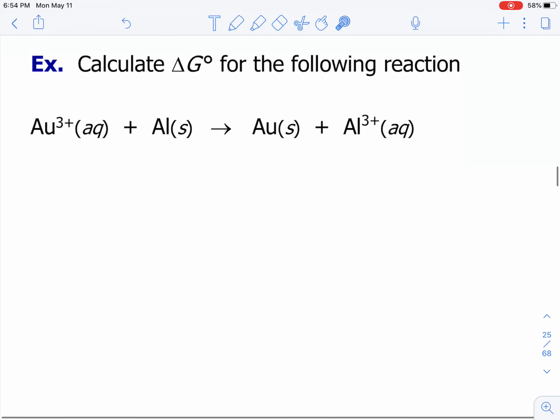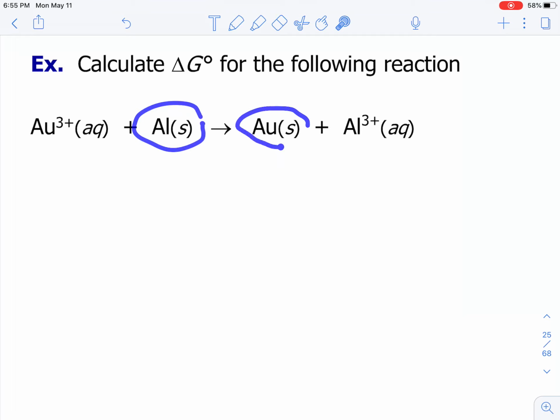All right. And so the first example that we're going to look at is this reaction system. Here we have gold 3 plus reacting with aluminum solid to produce gold solid and aluminum ion. And so what we want to do is determine the change in Gibbs free energy for this reaction.